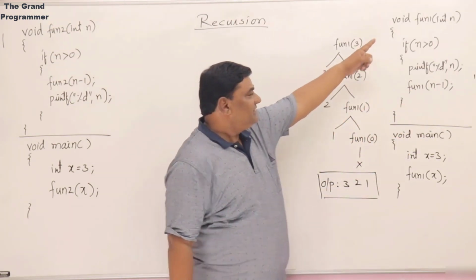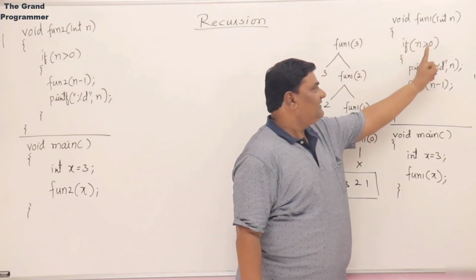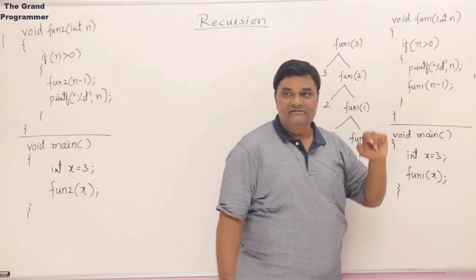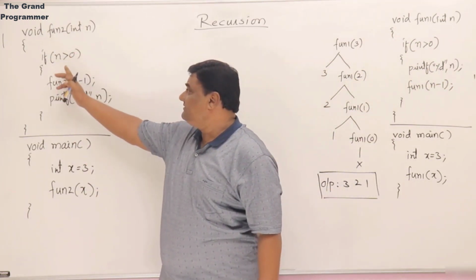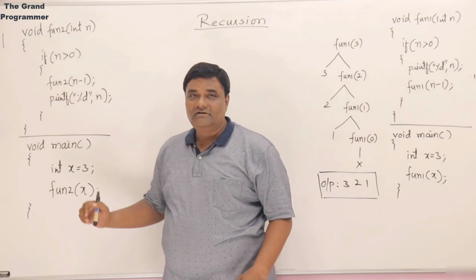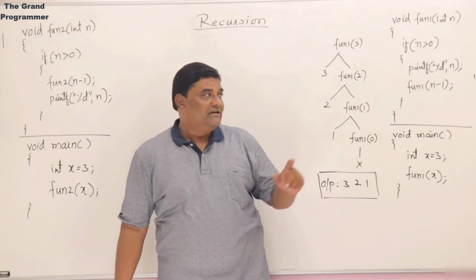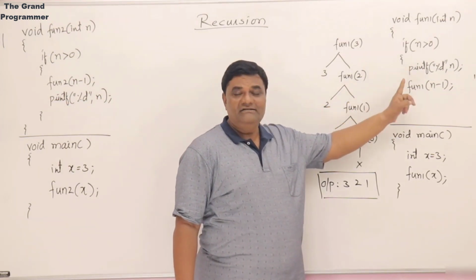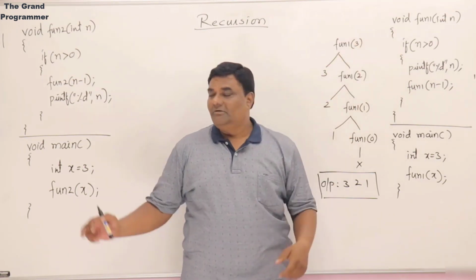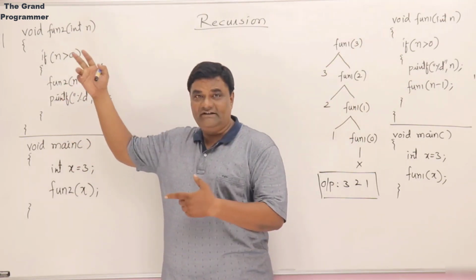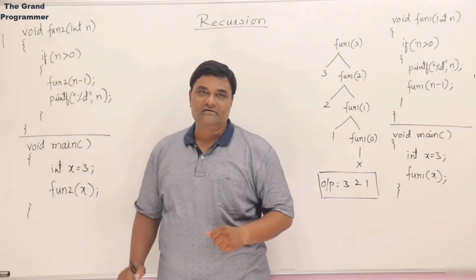Inside fun1, it takes parameter n and if n is greater than 0, two things are done. Here also it takes parameter n, and if n is greater than 0, two things are done. But the difference is, here it is printing and then calling itself. But here, first it is calling itself, then printing.